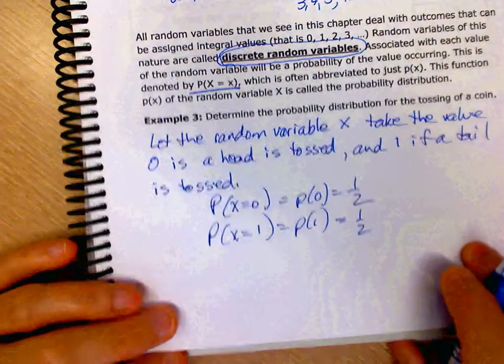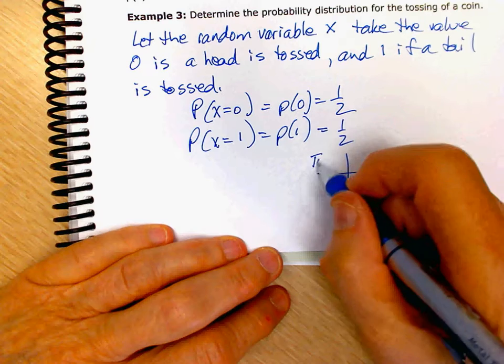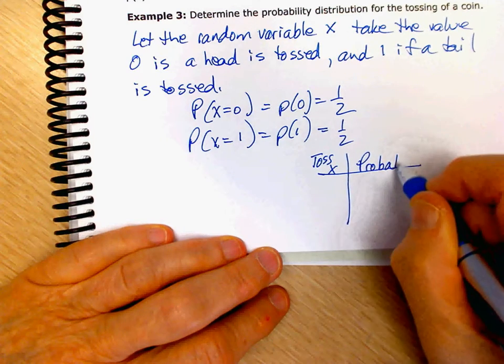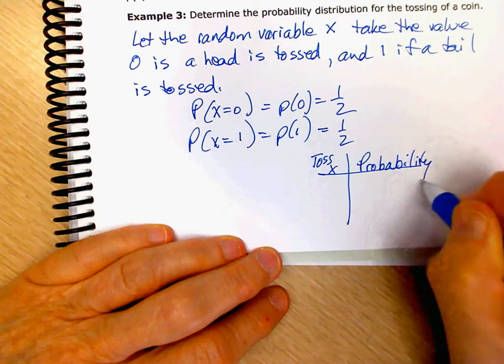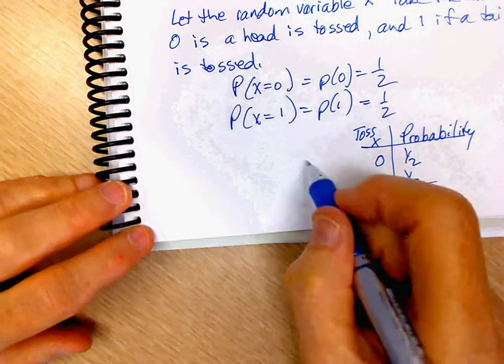So here's our toss, x, and our probability. We can show it in a table, or we can show it as a graph.